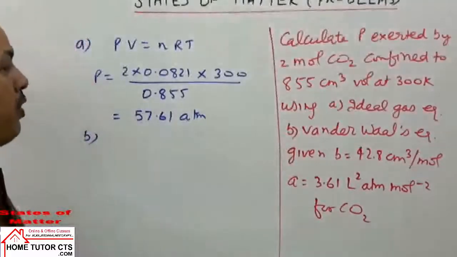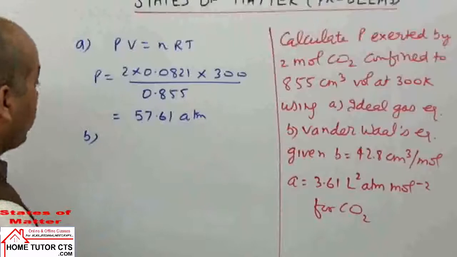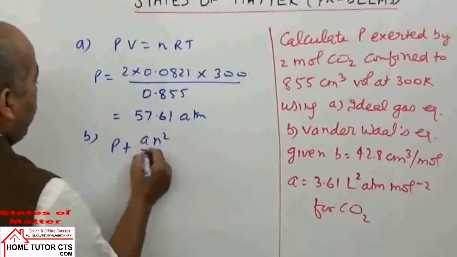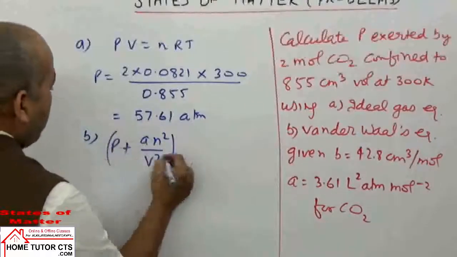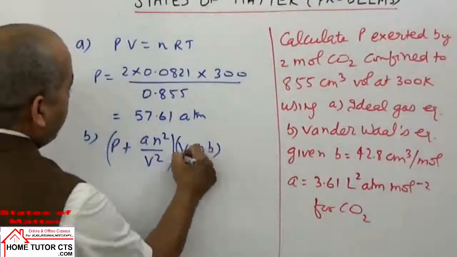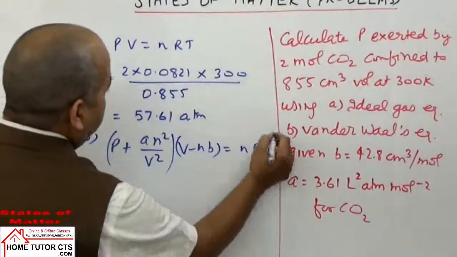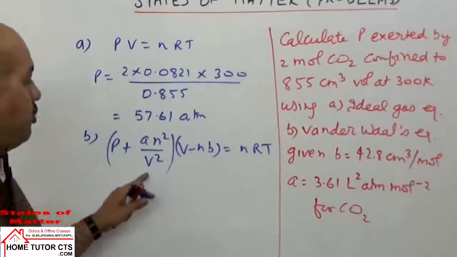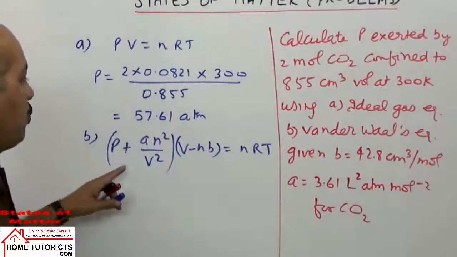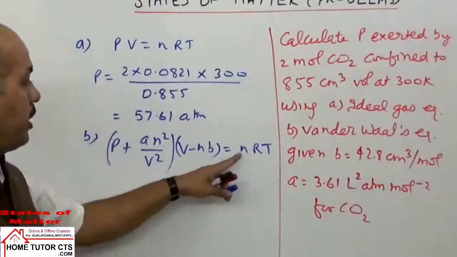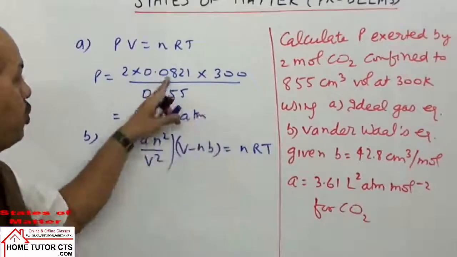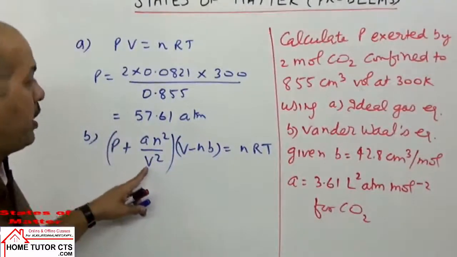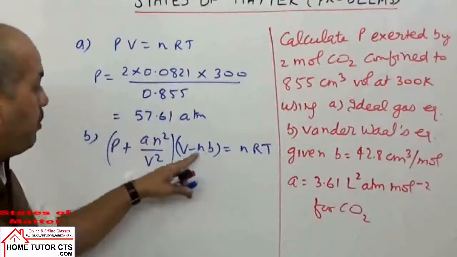Part B. When we use Van der Waals gas equation, what is that? P plus a n square by V square into V minus nb is equal to nRT. Now in this case, everything is given to you. You have to take proper units only. For calculation of pressure and for getting the unit of R 0.0821, we will take volume in liters same, but a and b will be extra.